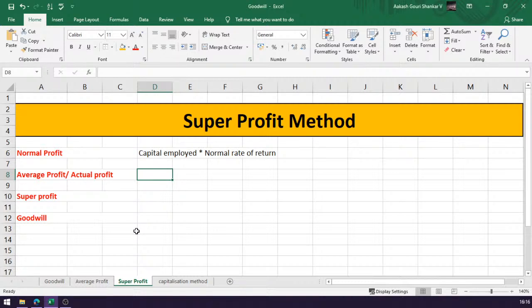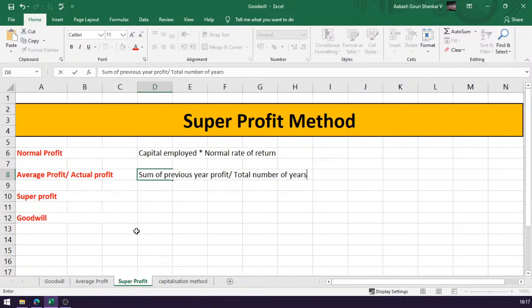The same thing applies here also. Sum of previous year profit divided by total number of years.